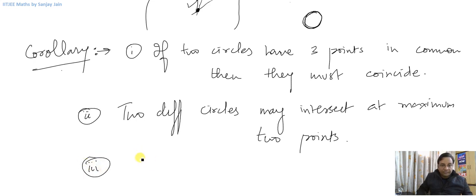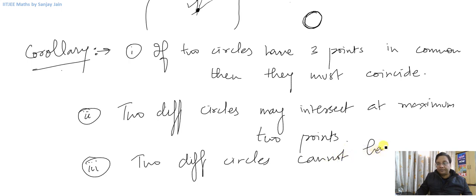And another thing that we learned was two different circles cannot have a common arc. We are saying the same thing in different words, because if two circles have a common arc, then that means they have more than 3 points in common, so they must coincide, right? All right, so this was about this theorem.